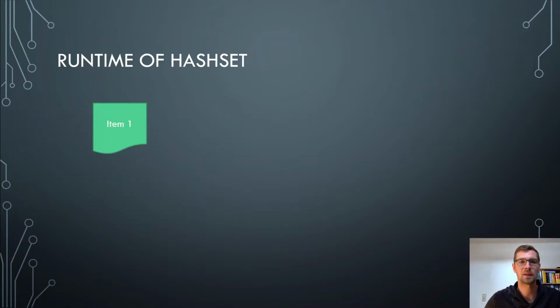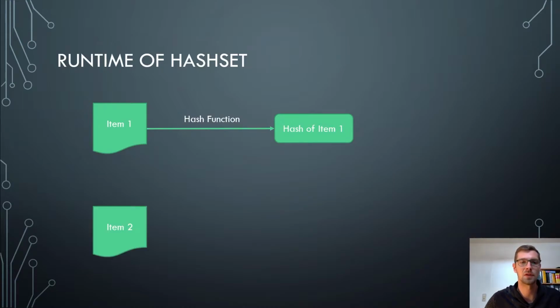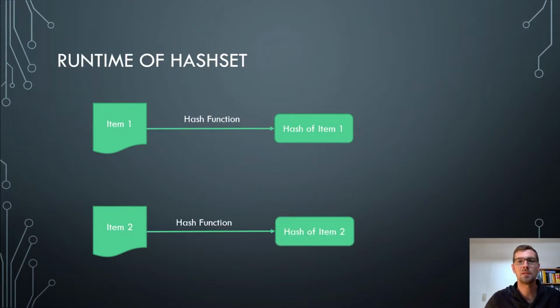How does that work exactly? If we have an item 1 here, then we build the hash of the item 1, which is usually done in constant time. That is one condition on a hash function. So we have here the hash of item 1. Now imagine we also have item 2 and we do the same, also a hash function on this item 2.